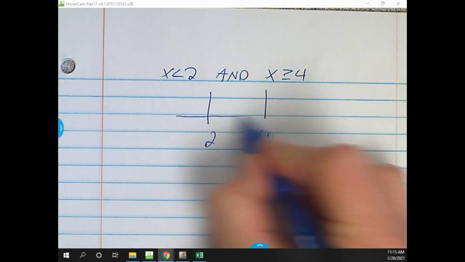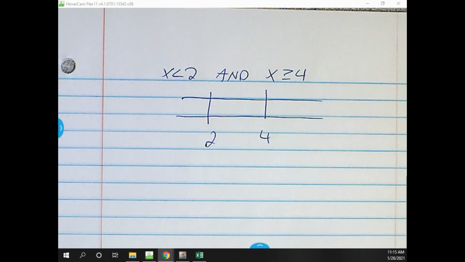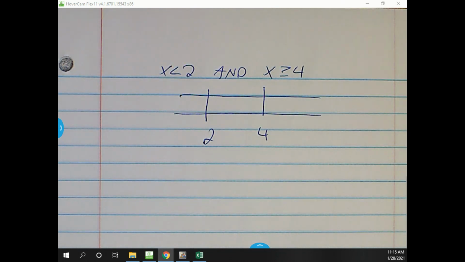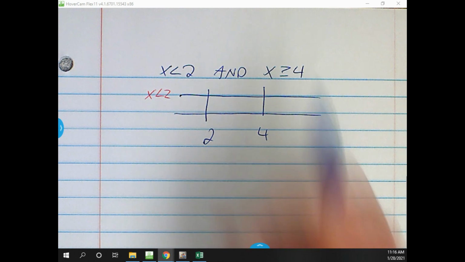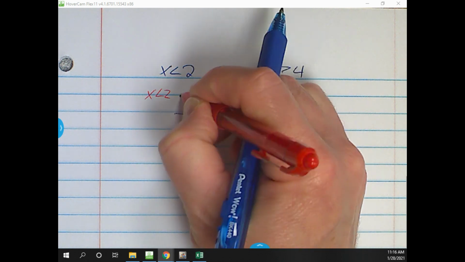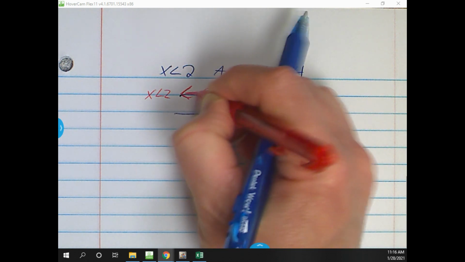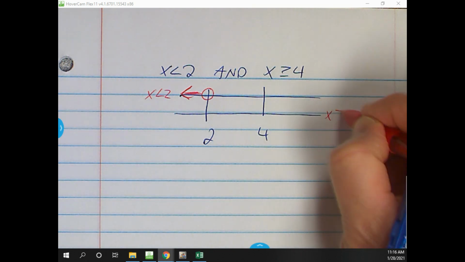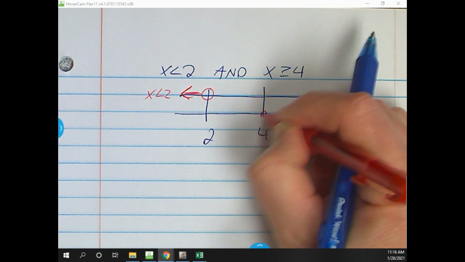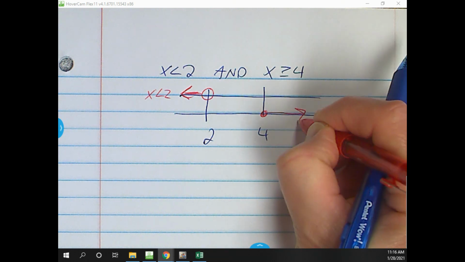Okay, and again with the and statements, this is the one that you kind of have to stack on top of each other. So if we do x is less than 2 over here, that's an open circle headed that way. And if you do x is greater than or equal to 4, that's a solid circle over here headed that way.